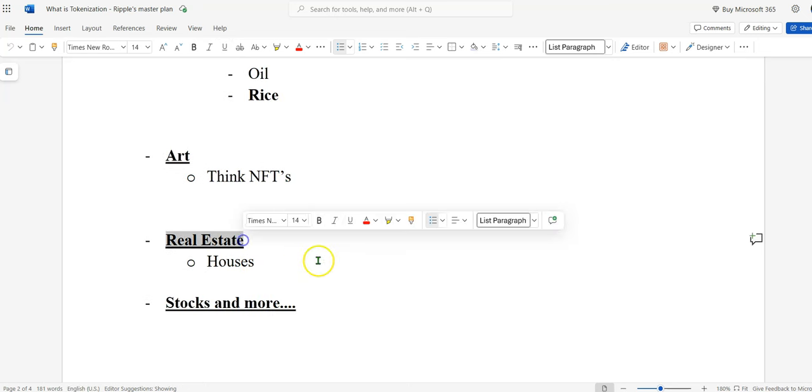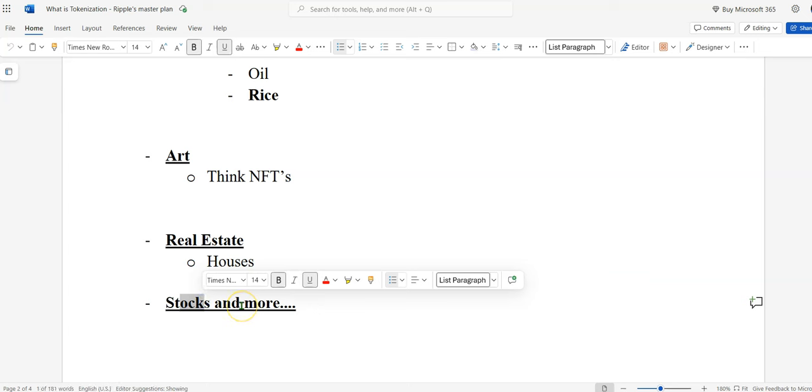Also, real estate. Houses. Houses are very important, and they're very liquid as well. We're going to go into what are the benefits of tokenizing, and houses are a big one.